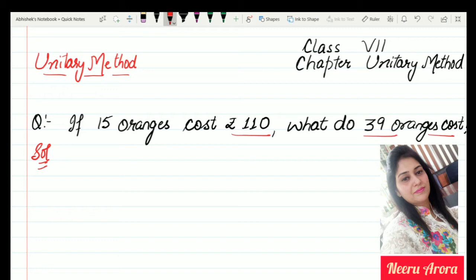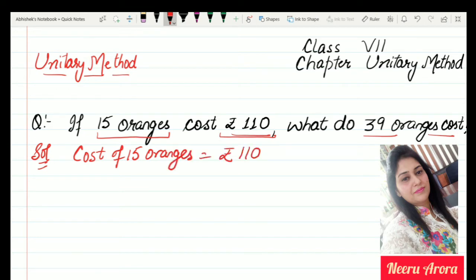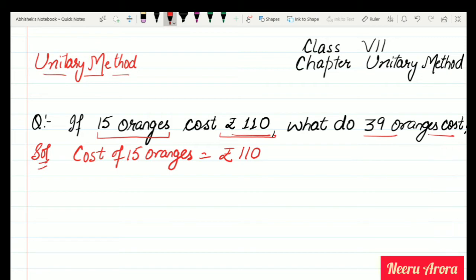Here we have two things: number of oranges and cost of oranges. We want to find the cost of 39 oranges, so we will keep cost on the right hand side. Cost of 15 oranges is equal to rupees 110.